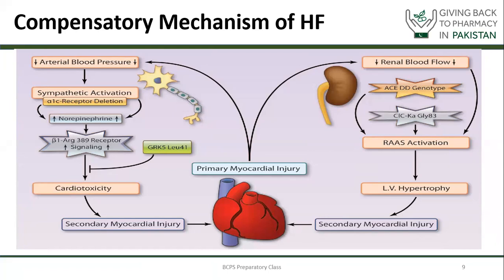So they try to preserve more blood in the body. They try to stop the urination. The others try to constrict the blood vessels, so that they can create a condition that the blood is enough in the body.